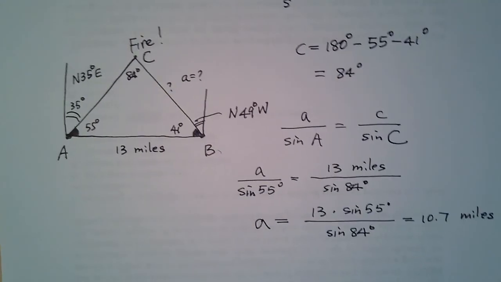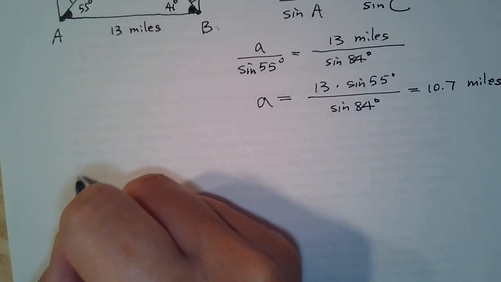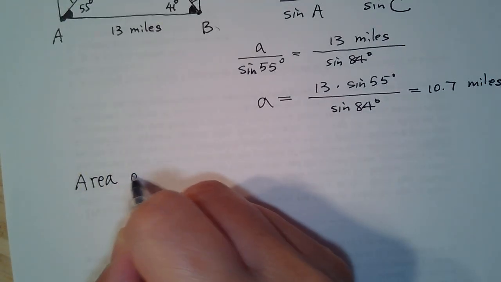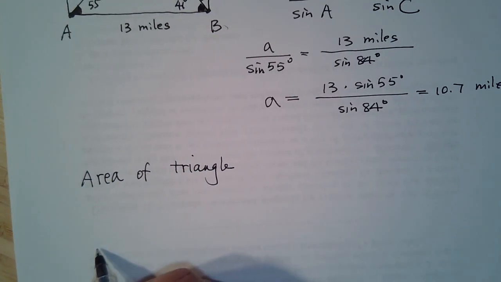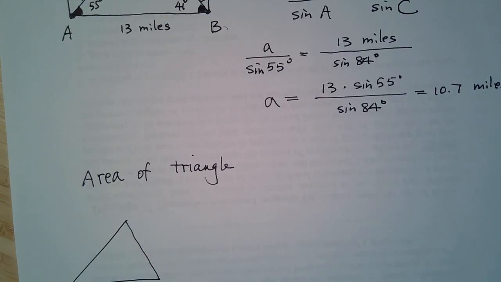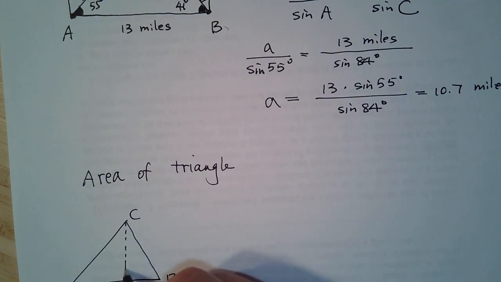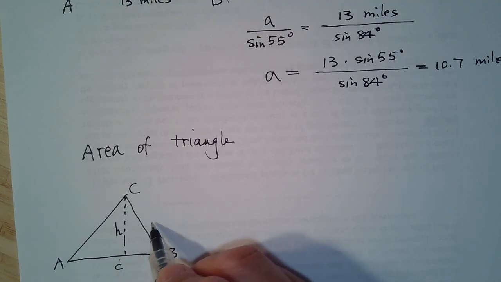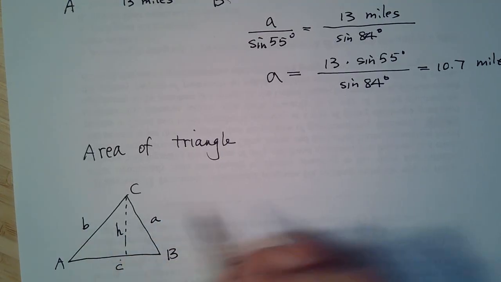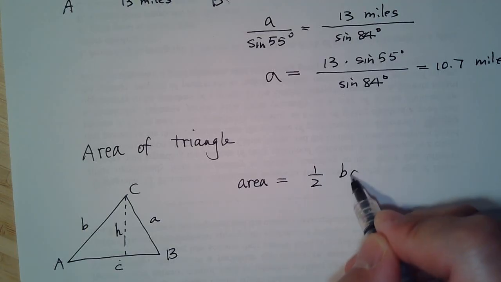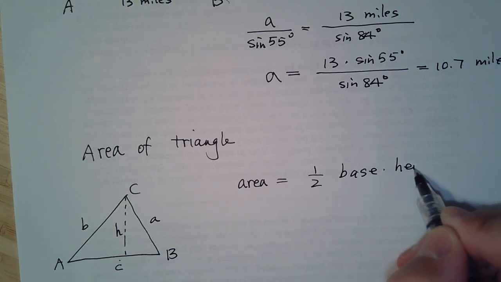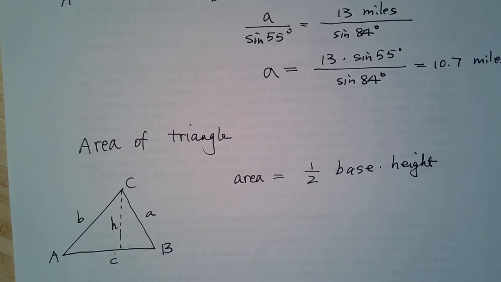All right. Now, a little bit of extra things I want to talk about is to find the area of a triangle. A, B, C. This is H, and this is C, A, and B. And we know the area from long time ago is base times the height over 2, or times 1/2.